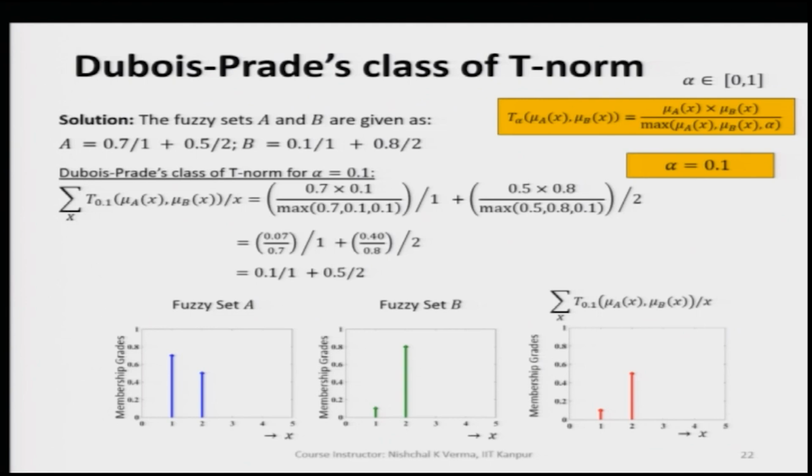Similarly, when we talk of the Dubois-Prade class of T norm, with the increase of alpha as the parameter, since the change is not very significant in alpha, the significant change is also not seen in the membership values of the resulting fuzzy set out of the intersection of fuzzy set A and B. So, we do not see any significant change here for alpha is equal to 0.1, 0.2, 0.3.